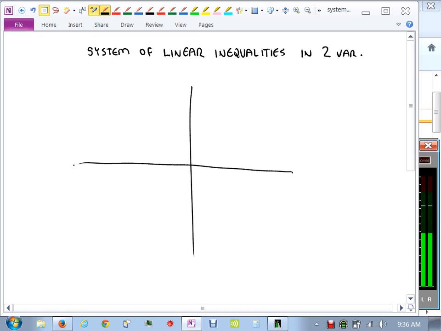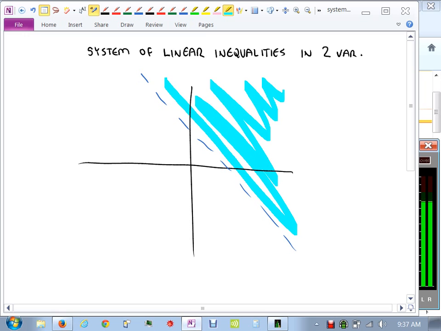That means I give you multiple linear inequalities. And you wind up drawing one of them. So maybe one of them turns out to be a dotted line. And then maybe it's everything shaded above it, right? You figure that one out. Then you go figure out the other one, which maybe it turns out to be a solid line like this. And maybe it's everything shaded below it, like that.